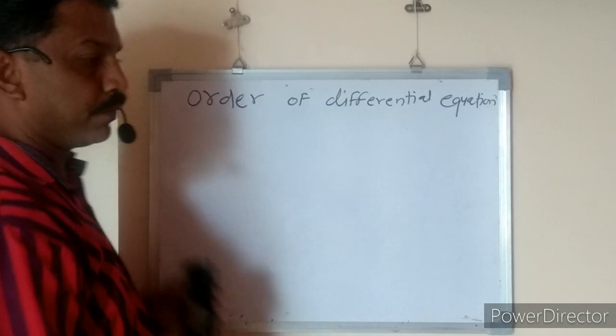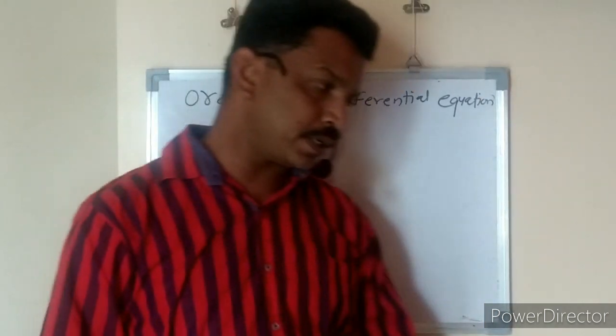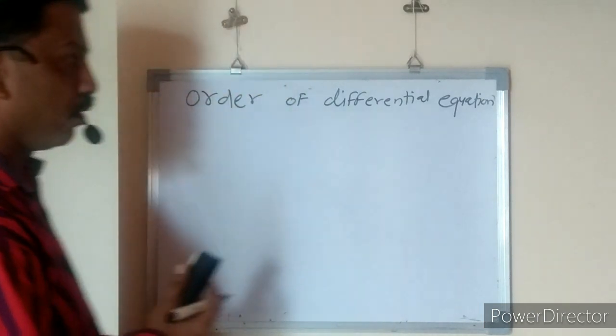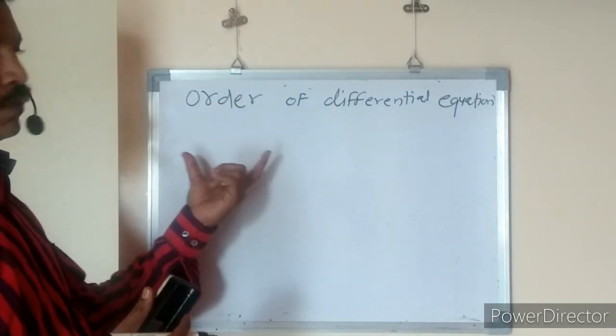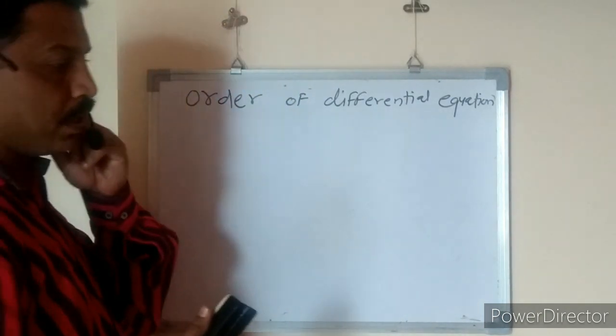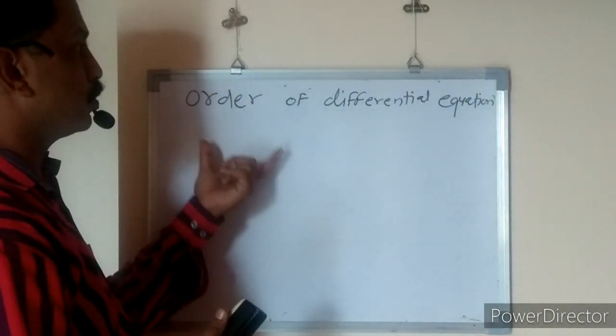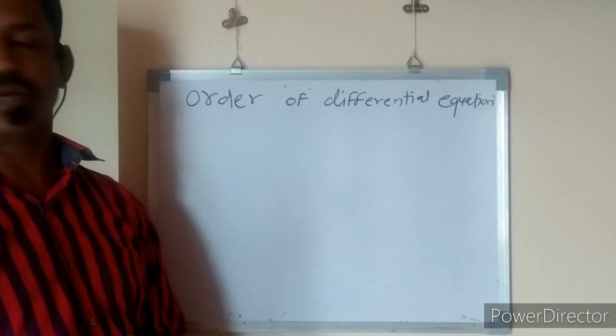Order of differential equation. The order of a differential equation is the order of the highest derivative in that particular equation. The highest derivative in that equation is known as the order of that differential equation.